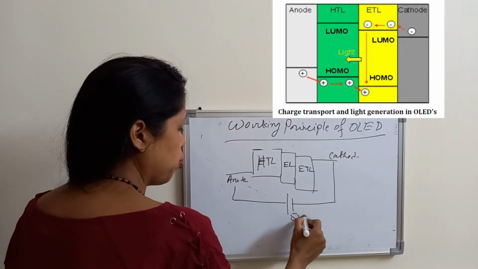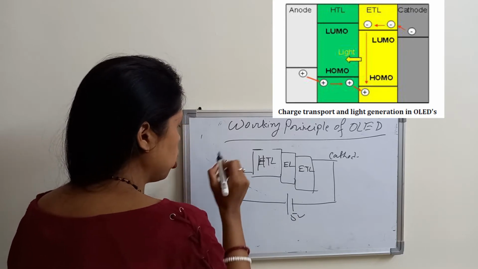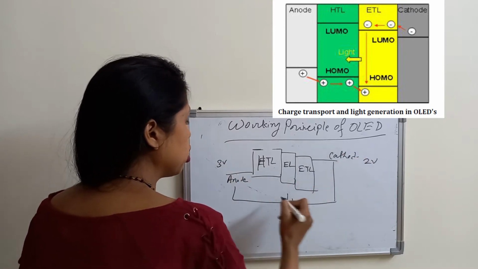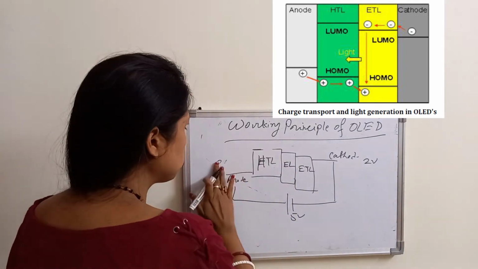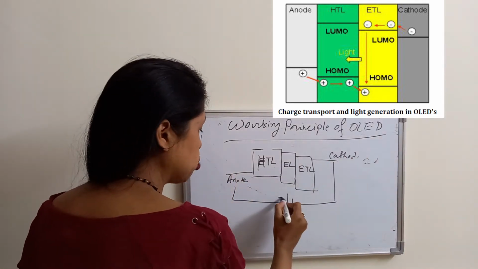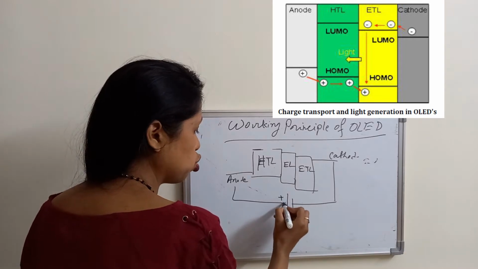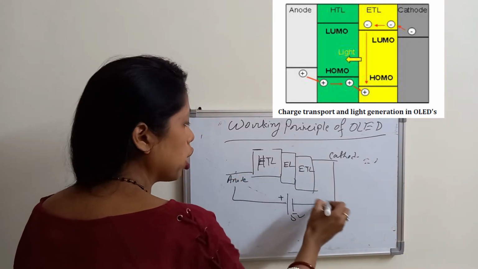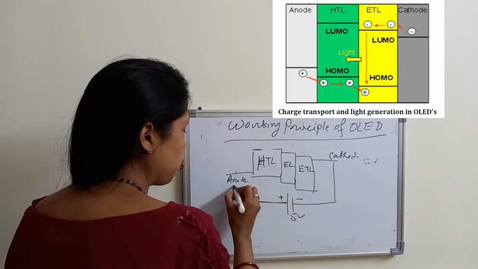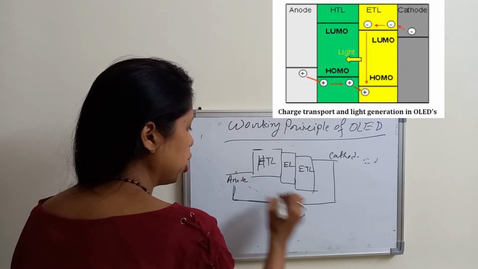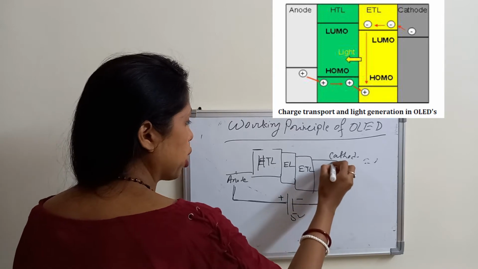So suppose 5 volt, if you apply 3 volt here and 2 volt there, the net voltage you will get is 1 volt. Okay, so now suppose I am applying here, it is positive, I can define it as the positive terminal, this is the anode, and this is the cathode, the negative terminal.